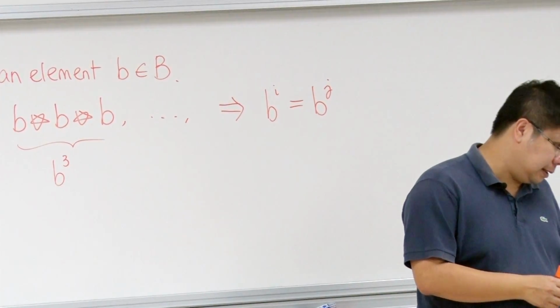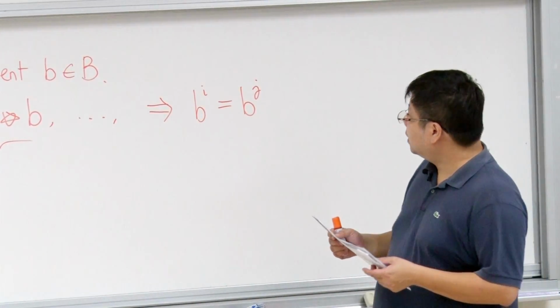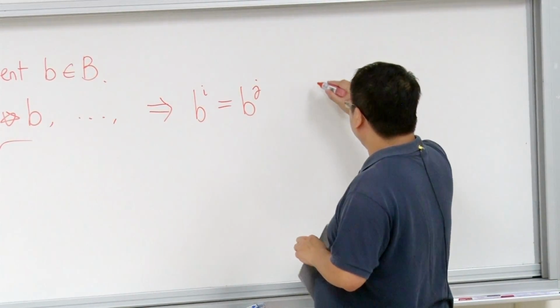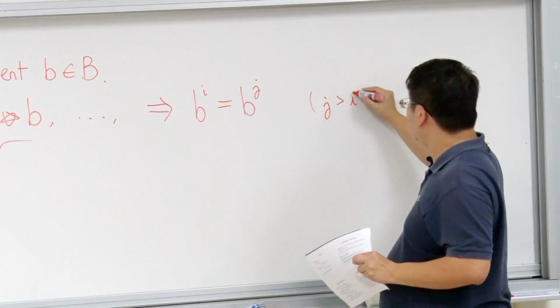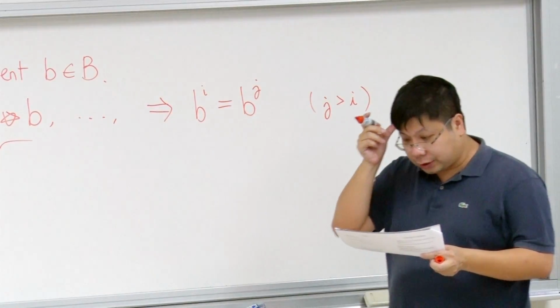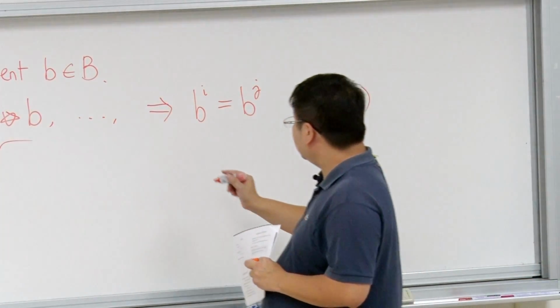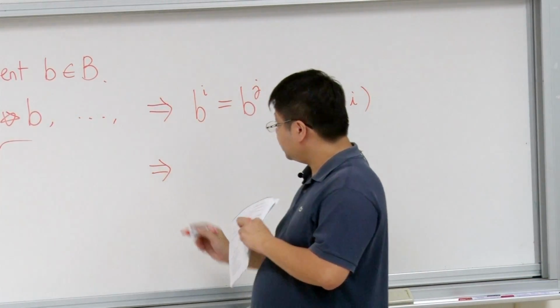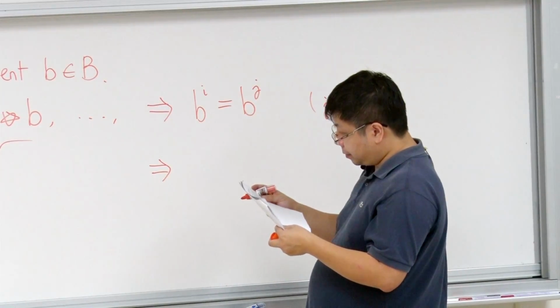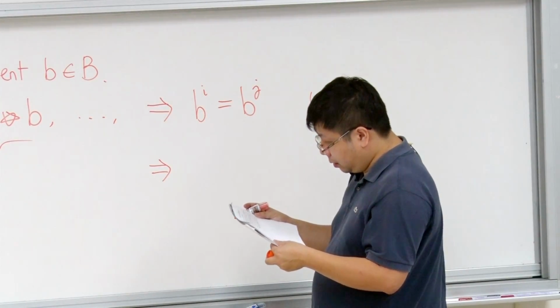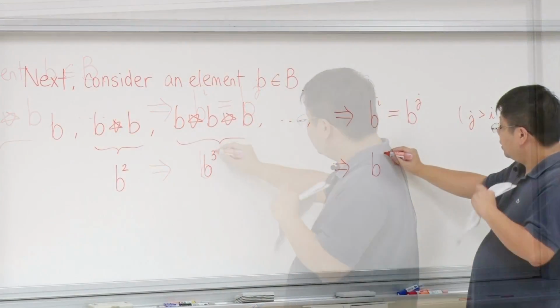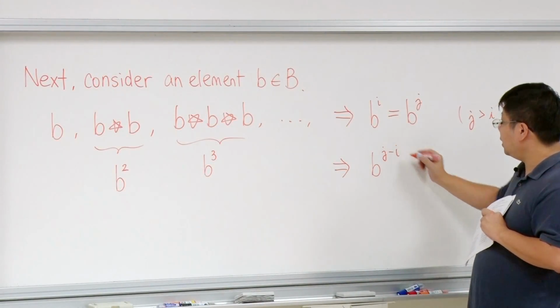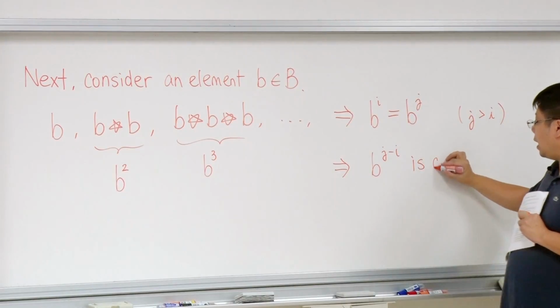Then let's say j is larger than i. Then this implies b to the power j minus i is an identity element.